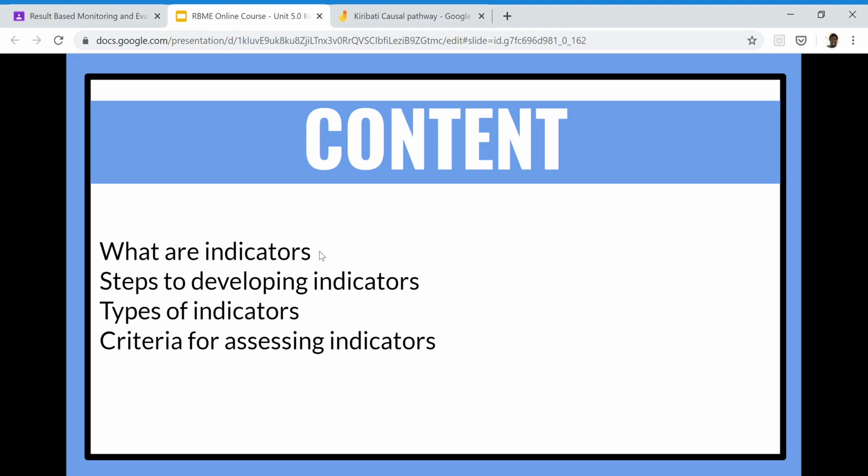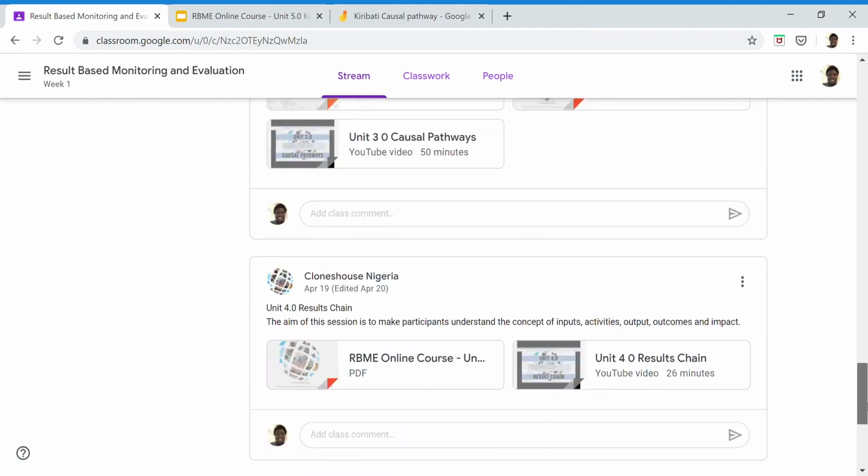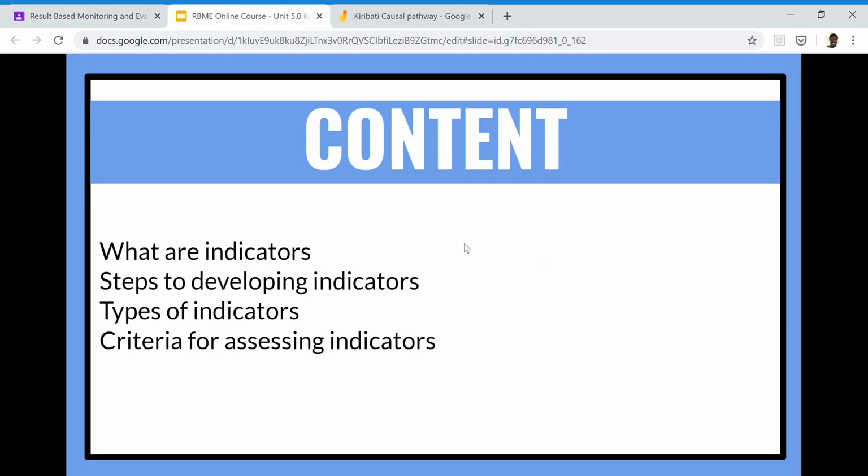Just to point out again that you should feel free to comment on the Google Classroom about this unit. If you have comments, Unit 5 should be the last one there. So please feel free to make some comments about this unit while you are going through this course. That's quite important.